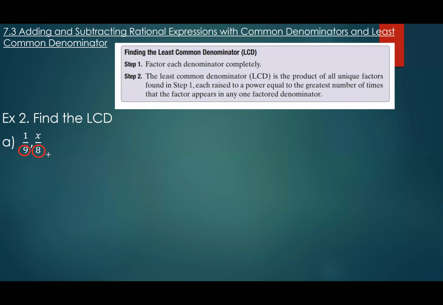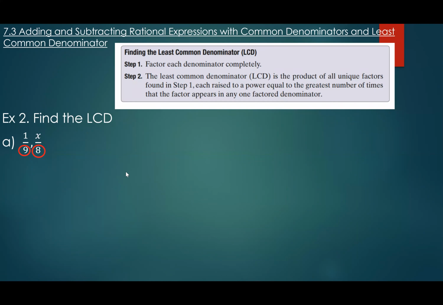The easiest way to find the common denominator is basically to take the two denominators and multiply them together. Okay, that's the easiest way to find the common denominator. It might not be the least. In this case, it's the least, but it might not be the least, but it's a common denominator.